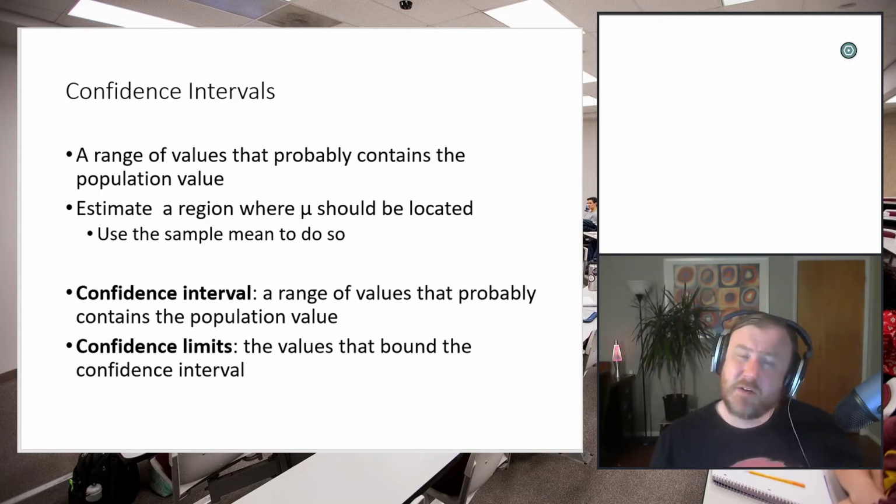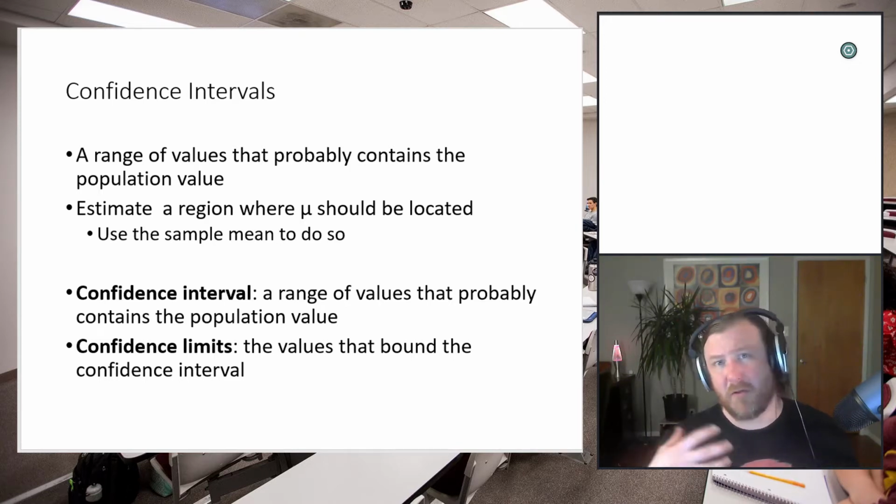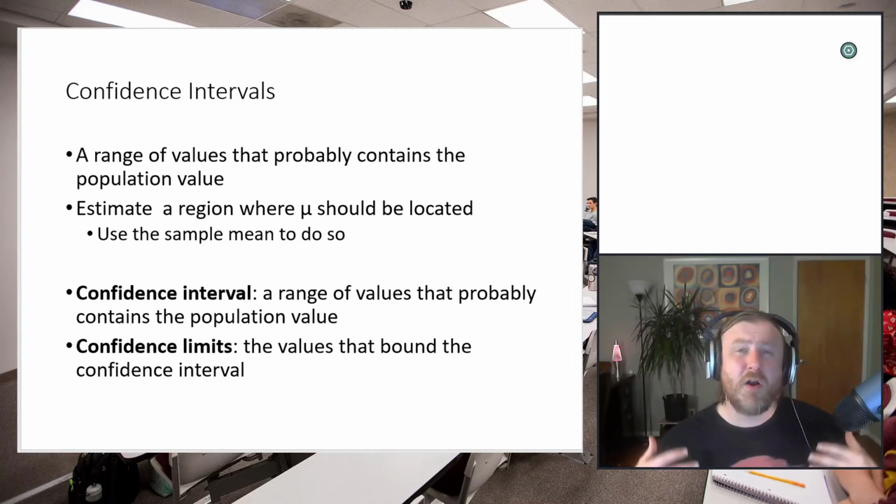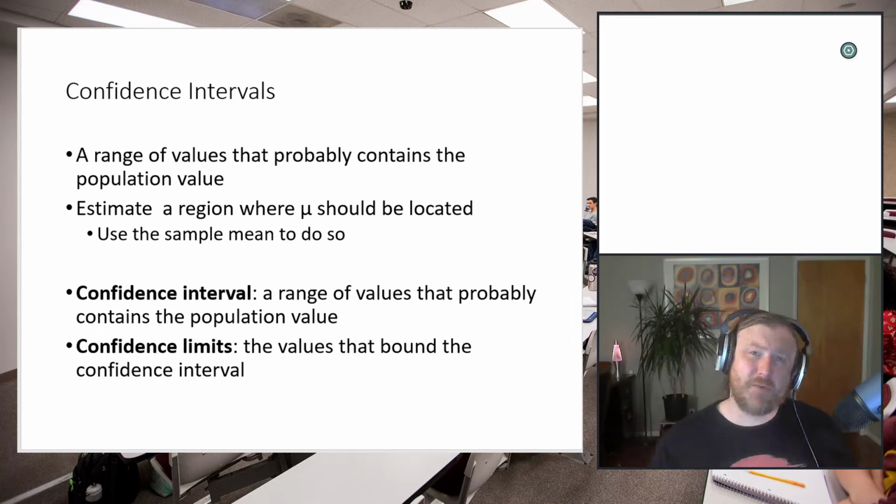It means that there's an equal probability that it will underestimate the population mean and an equal probability that it will overestimate the population mean. And therefore, we want to put bounds around the range of possible values that a population mean could take on given a particular sample mean.